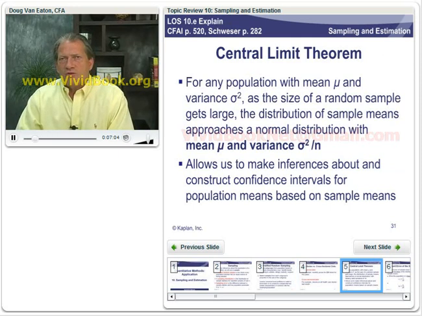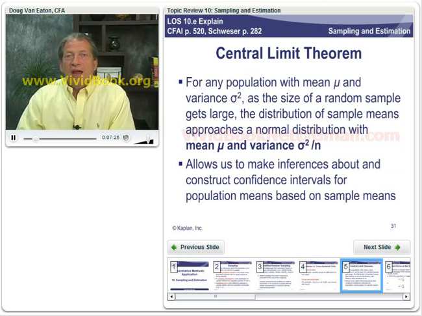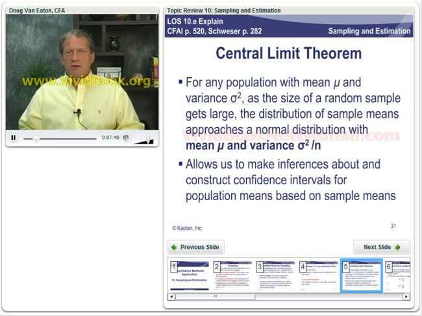For any population with mean mu, so that's the true mean of the distribution, and variance sigma squared, the true variance, as the size of the random sample gets larger, the distribution of sample means approaches a normal distribution with a mean that is equal to the true mean of the population and a variance that is equal to the variance of the population over the sample size. So the variance is getting smaller as the sample size gets larger, and the variance is around the true mean.